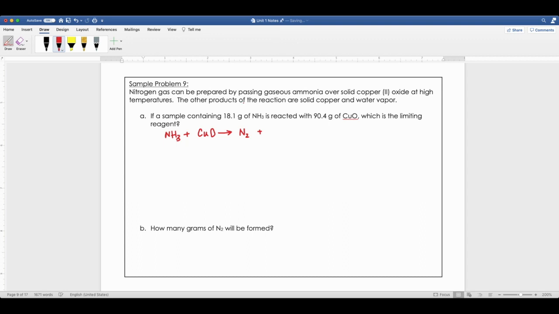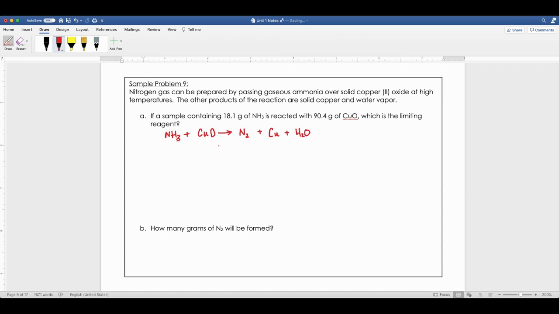And then it says the other products of the reaction are solid copper and water vapor. College Board actually doesn't care too much about states of matter, so you don't have to go crazy with states of matter either. I'm going to be a little more picky once we get to solutions and all that, but for right now, it's totally fine that we don't include them.